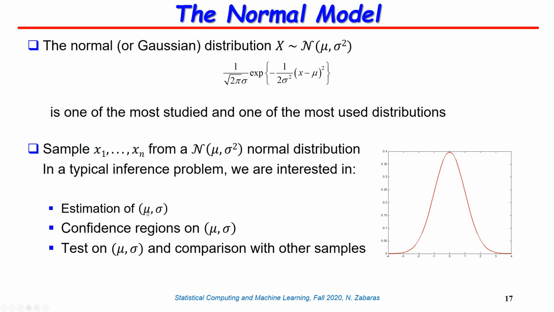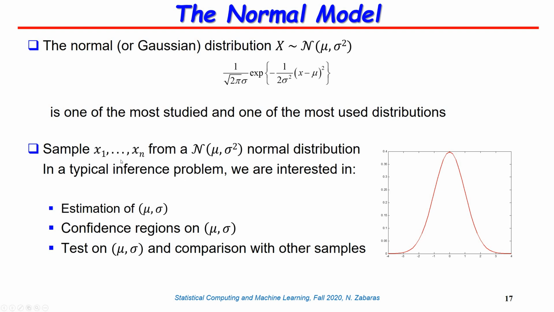Okay? And so when you compute these parameters, you can also do fancy things. You can compute confidence regions on these parameters. You can compare, if you like, the values that you evaluate in the context of the samples that you got.